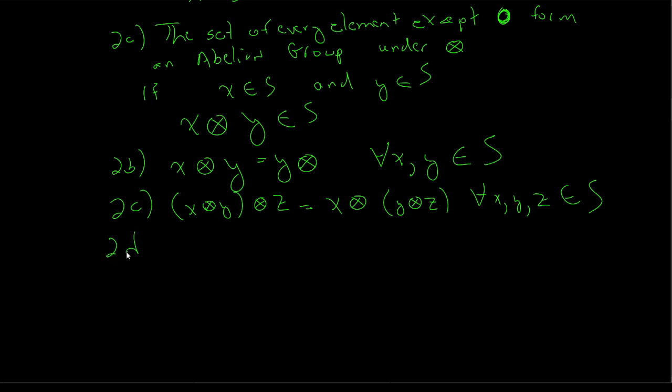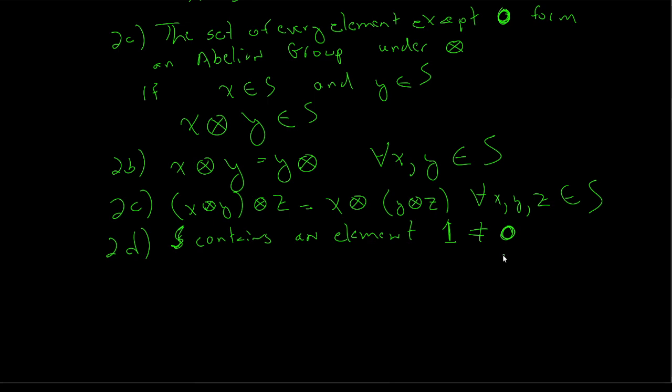And 2D, our set S contains an element one, which does not equal the 0 element. Now, because we're defining these objects, there's a chance that we can have a mapping like this.